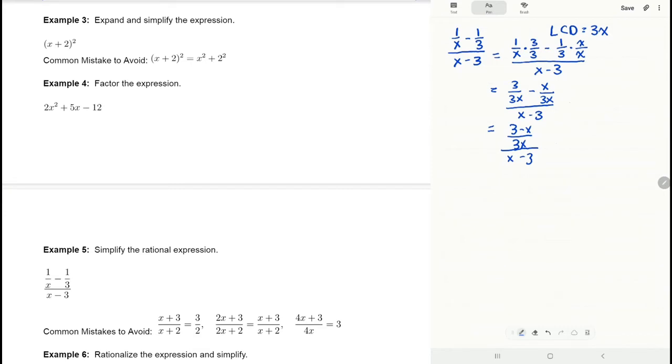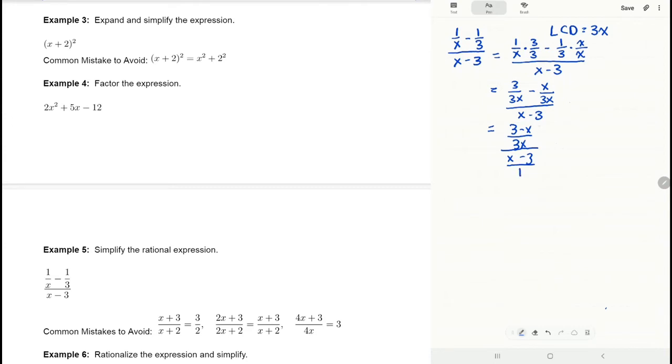So now we're dealing with multiple fractions. Let's simplify it so that we're only working with one fraction. So the x minus 3 can be considered a fraction. It's a fraction over 1.